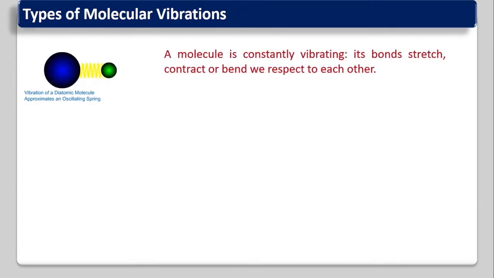So a molecule is constantly vibrating, with its bonds stretching, contracting or bending with respect to each other. So these vibrations may be stretching vibrations and bending vibrations. The bond lengths may get contracted, may get relaxed. The bond angle also may get contracted, may get relaxed. So these are called so many types of vibrations.